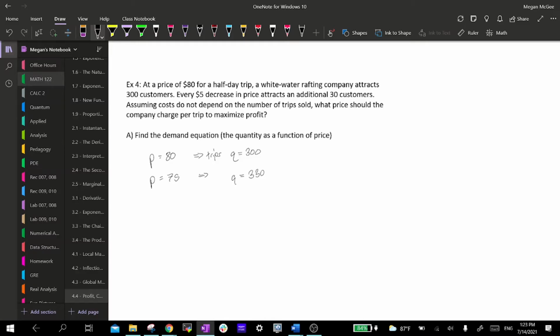Since we have a constant change, we have a linear function. And we know how to find an equation for a linear function. First, we need to find the slope, and we have 2 points right here.